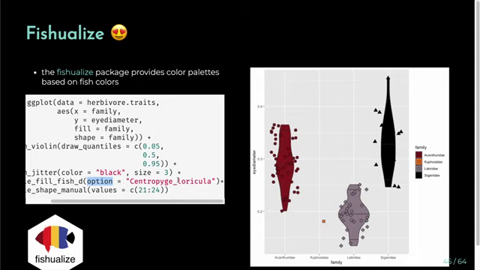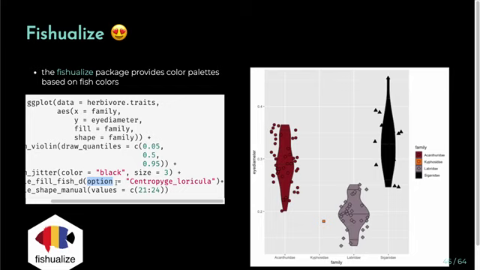So this is Centropyge loricula. This is a dwarf angelfish species. You can actually see it. It's the one that is in the logo of the Visualize package. And you can see its color palette right there, from this sort of Bordeaux color or maroon color to this black. And as you can see in our plot, it went along this color spectrum from this maroon Bordeaux to the black.